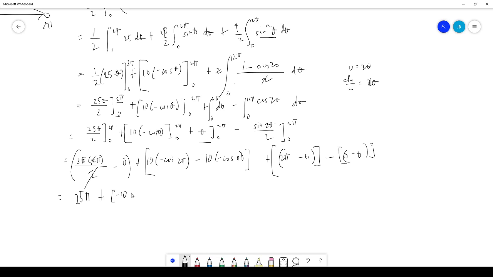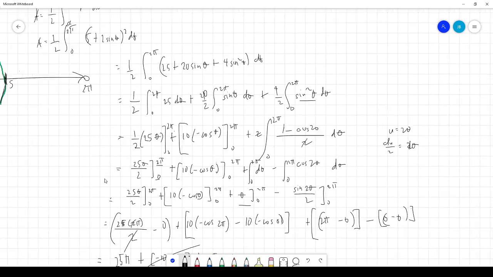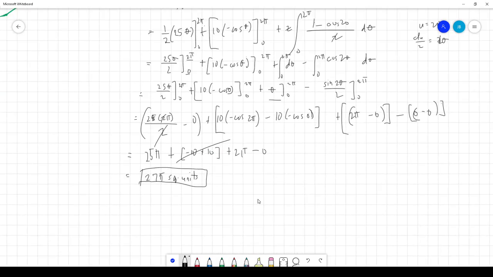Then minus negative 10 for cos 0, so that's plus 10, plus 2 pi minus 0. Negative 10 plus 10 is 0. Therefore, 25 pi plus 2 pi is 27 pi square units. That is our final answer. So that's it for our lecture on polar areas.